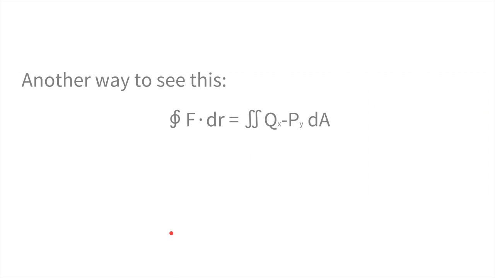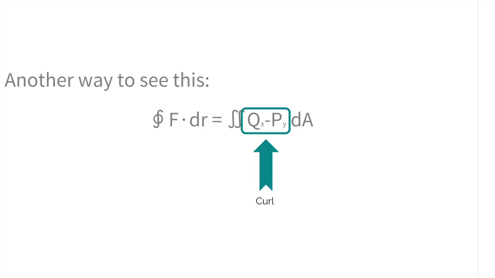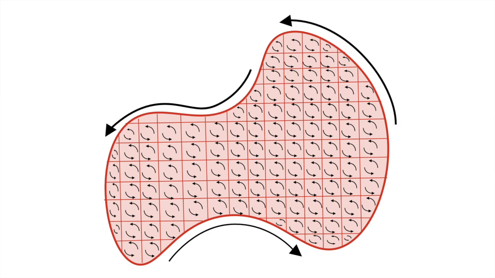Another way to see this is by looking at this part, which is the curl. Here we have a closed curve, and around it is the circulation. The vector field is usually the source of circulation, which is simply the amount of force that pushes along the path. So it's basically the work.